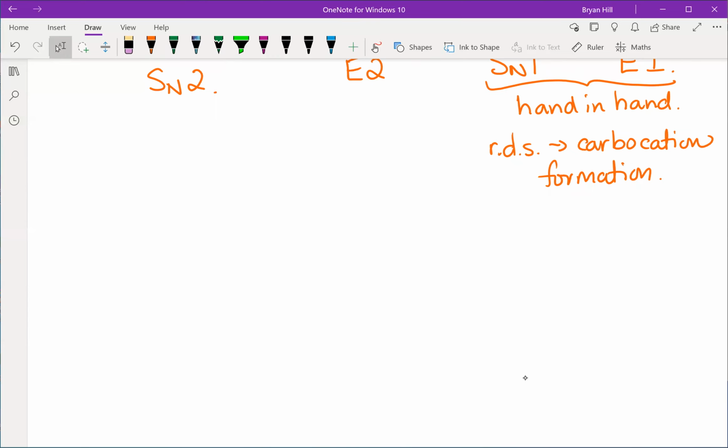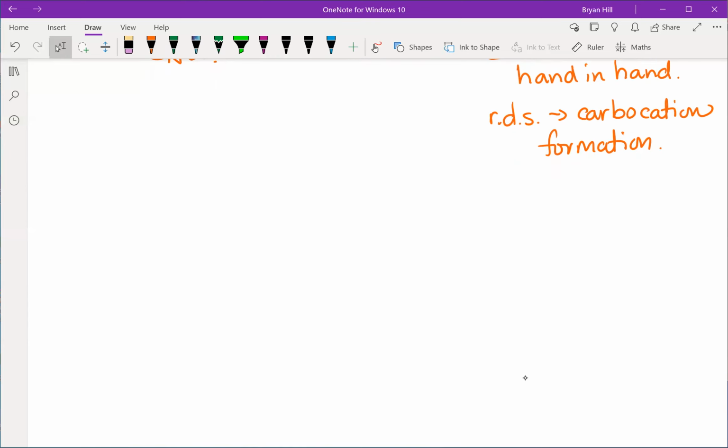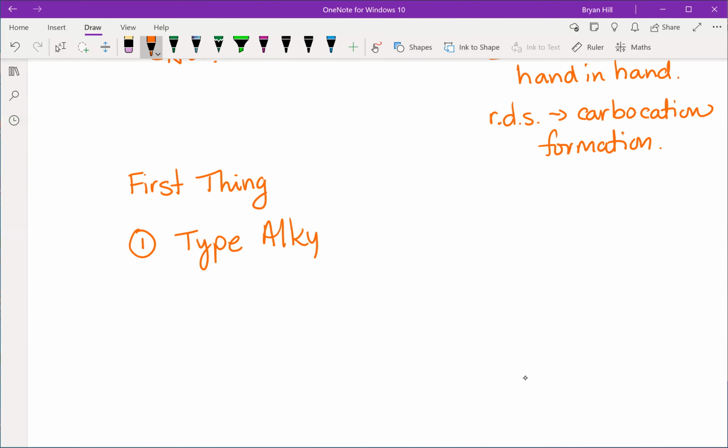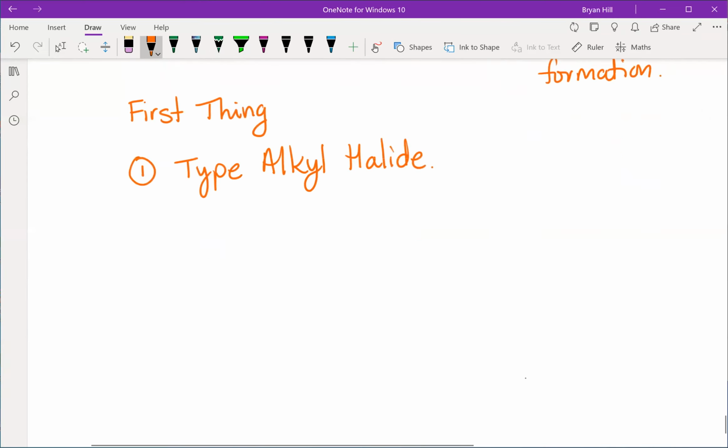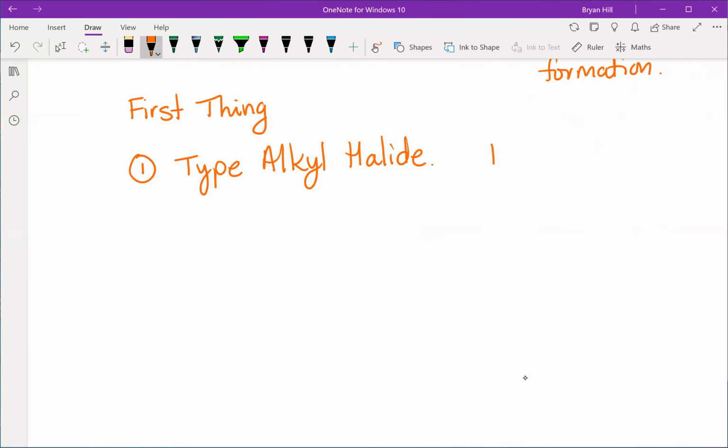Okay, so the first scenario, and it all depends on the very first thing we want to look at, the first question should always be the type of alkyl halide. Because, as we've said numerous times, for primary, SN2 only.